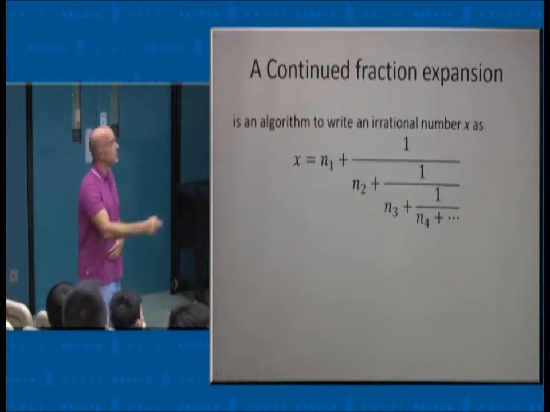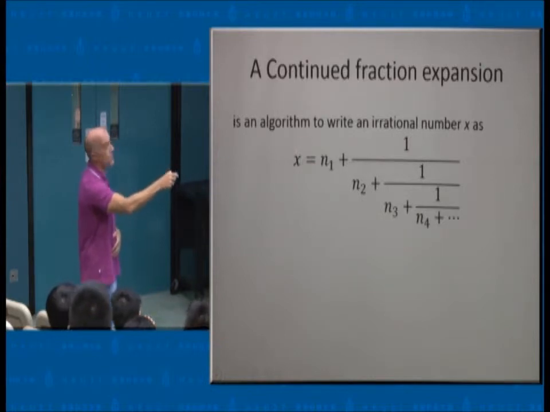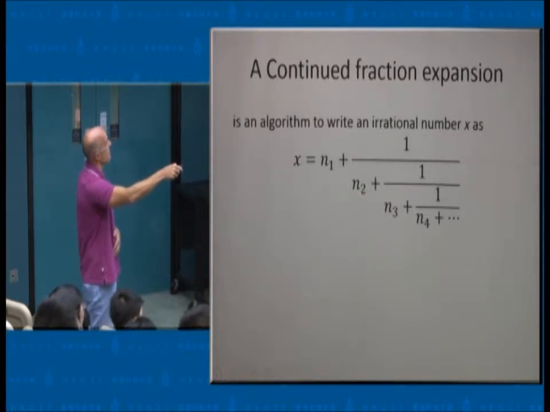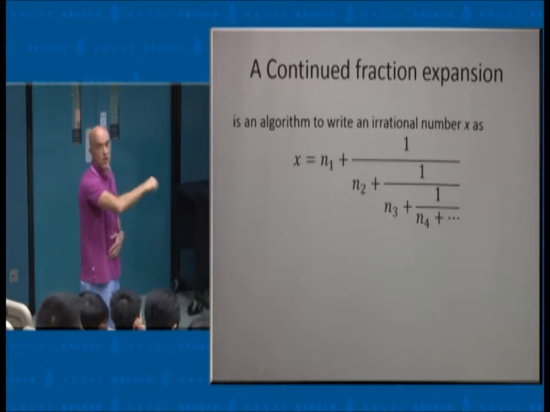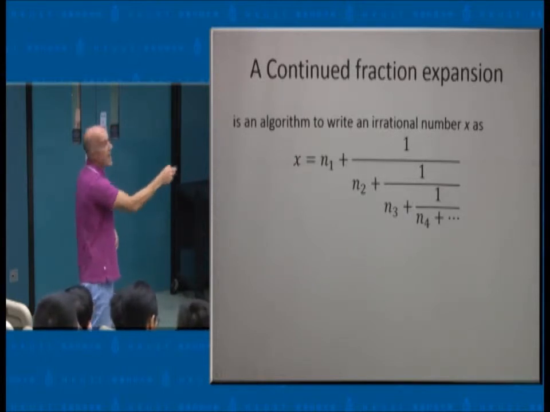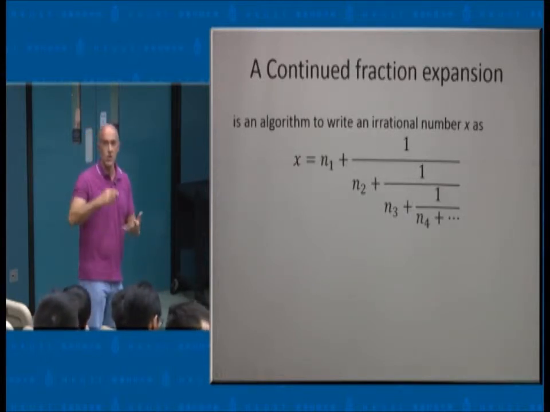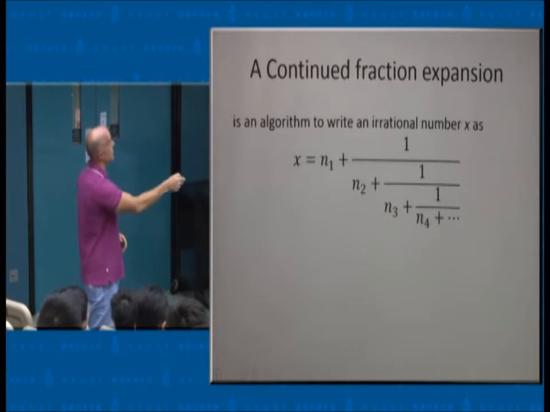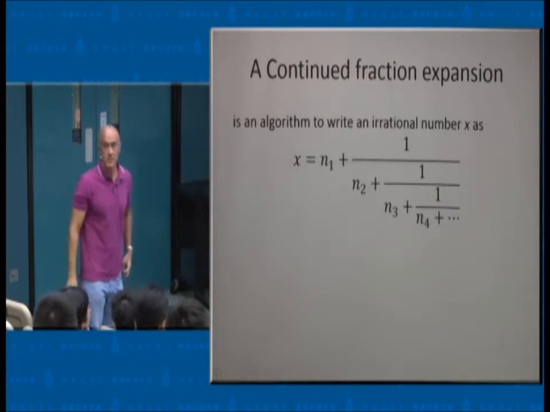So x is some number, and we write it as an integer plus 1 divided by an integer plus 1 divided by an integer plus 1 divided by an integer, to infinity. This is an irrational number, so it has no representation as an integer divided by an integer. So it has to be infinite here.